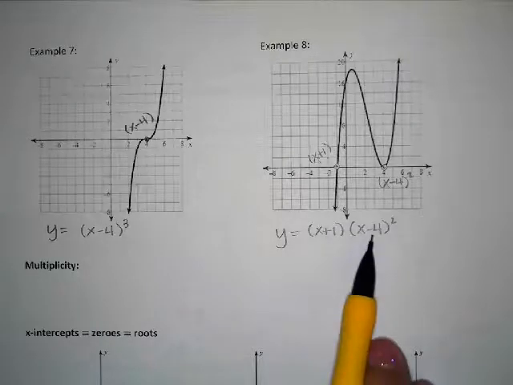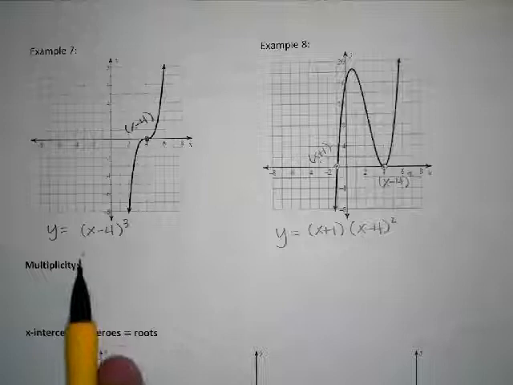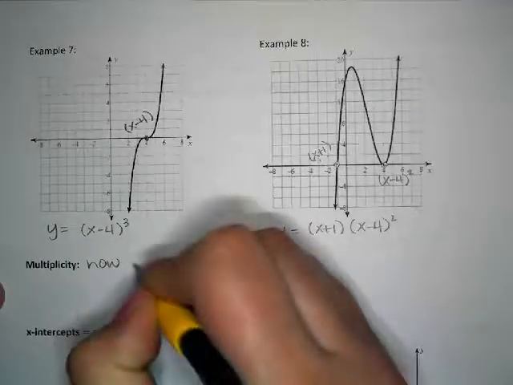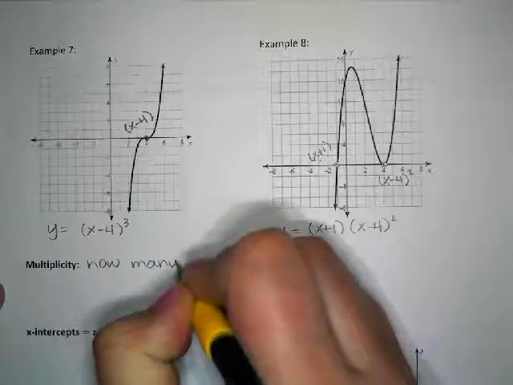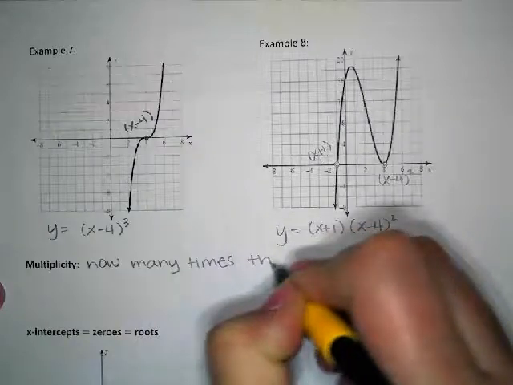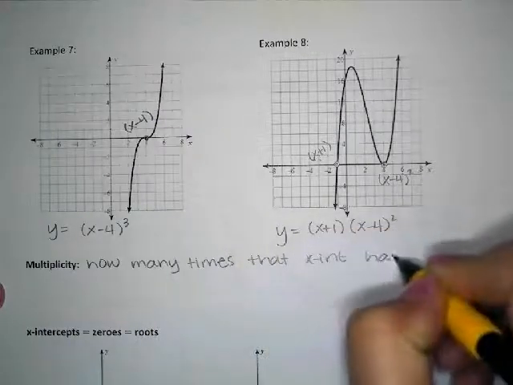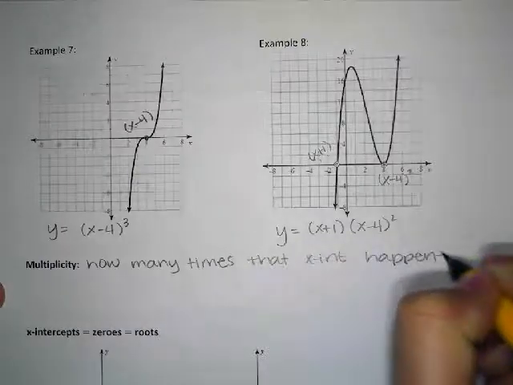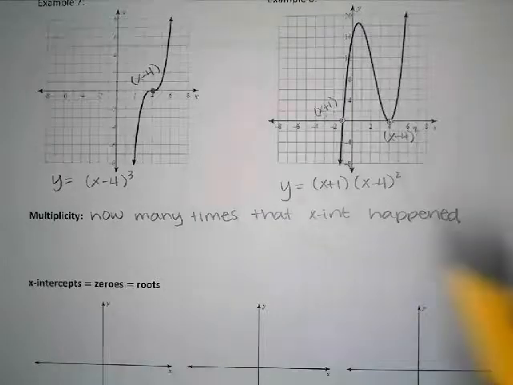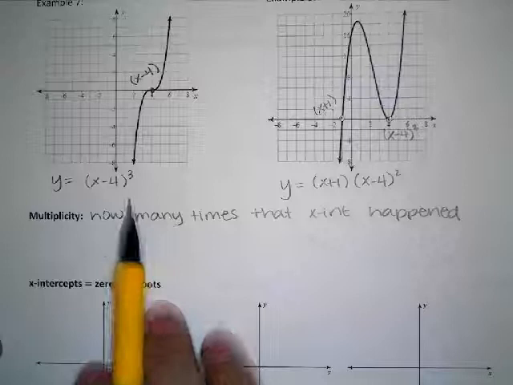So multiplicity is how many times that x-intercept happened. This is not like a professional definition. This is not the formal definition. This is just me doing it in plain language. So this x-intercept happened 3 times. So it had a multiplicity of 3.